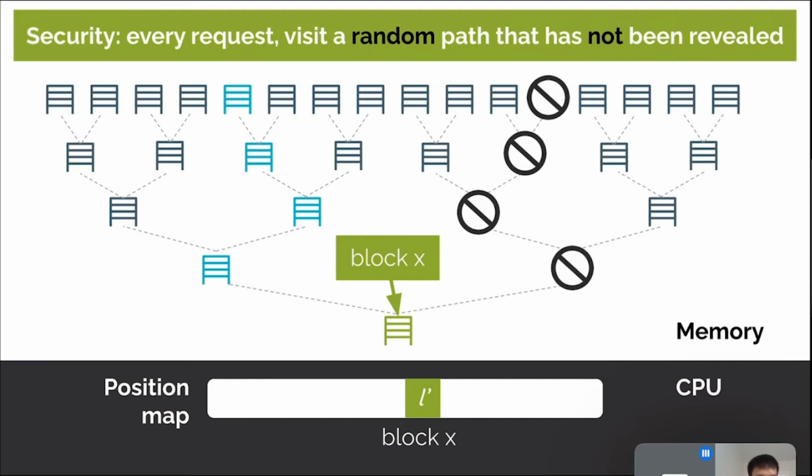Every time we access an item, we write it to a new randomly chosen path, and we don't disclose the choice of the new path. So every time I access a block, it will go to a random path, and the choice of the path has not been disclosed before. For this reason, the scheme is secure.